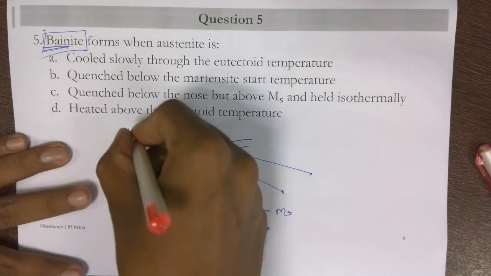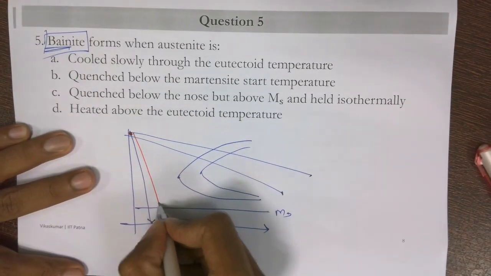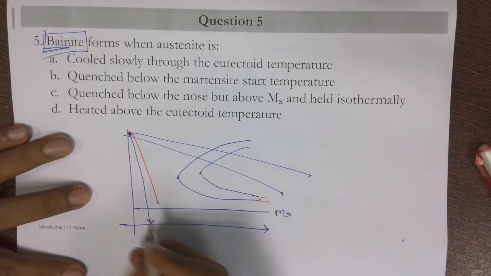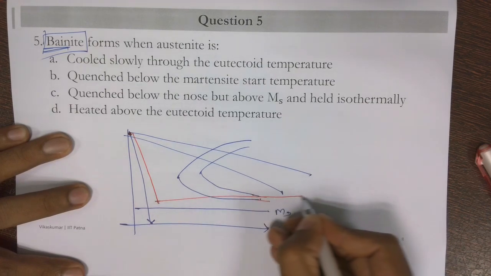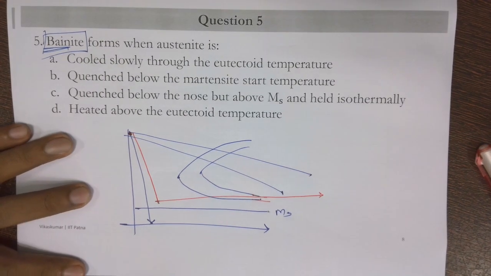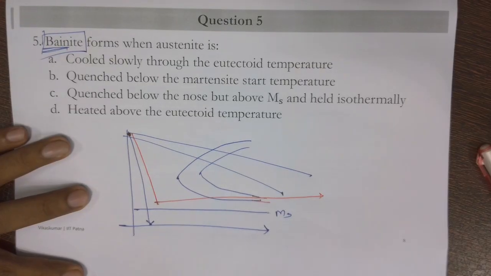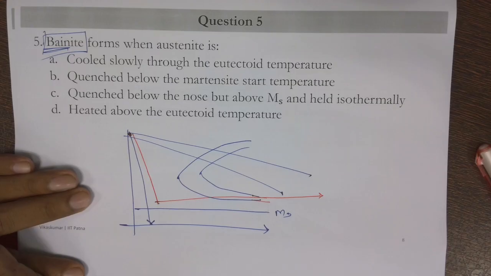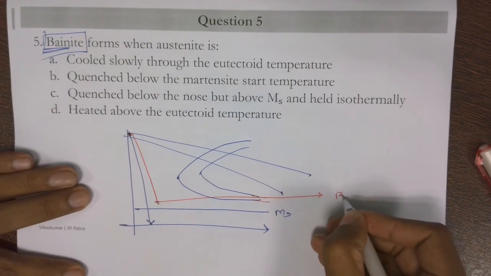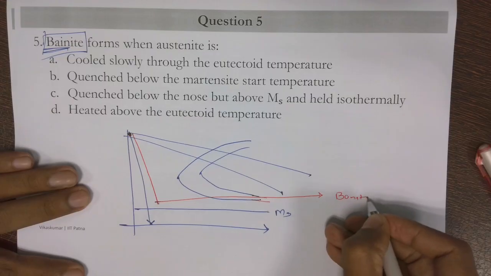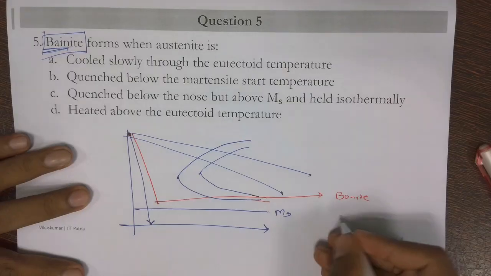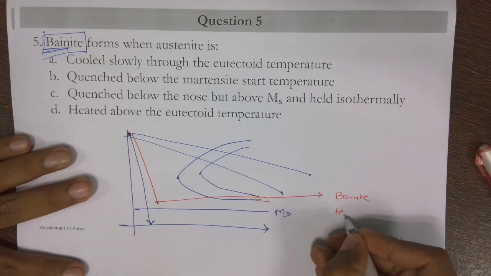How does it vary from the other? Bainite also has alpha ferrite and cementite. Perlite also has ferrite and cementite. Both have the same constituents. The difference is in the microstructure.